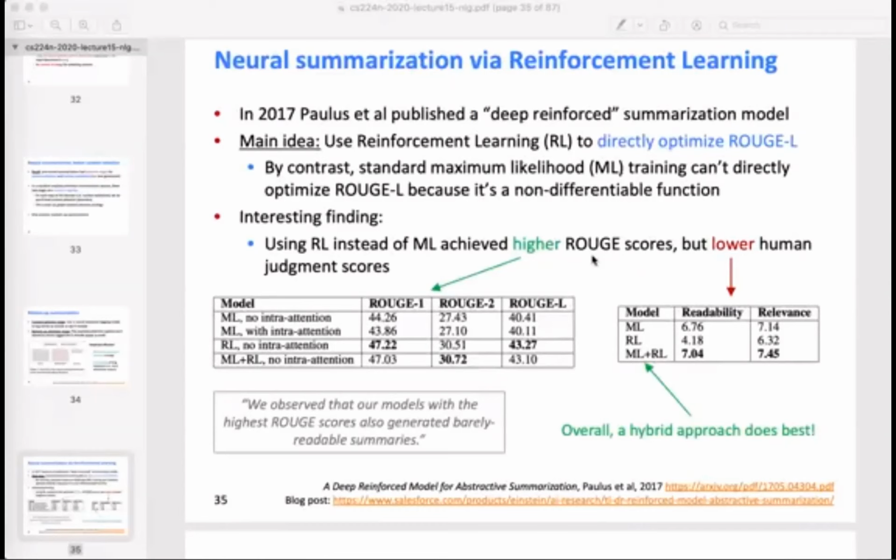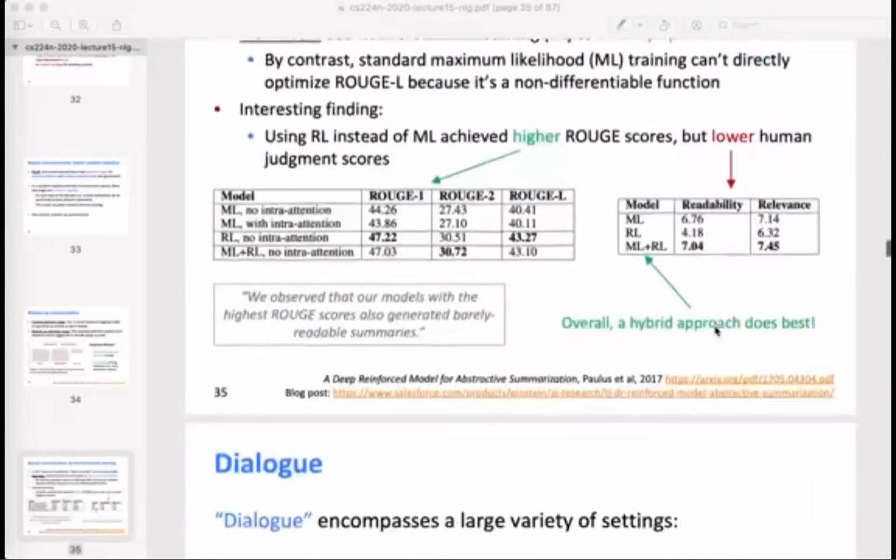They're targeting just the score of one single metric, and thus the model definitely gives that result, but it's actually very counterintuitive for humans to understand. That reinforcement method didn't even beat maximum likelihood regarding readability, and it was beaten really badly. So they used a really intuitive hybrid approach, and it actually did a really good job in both readability and relevance.